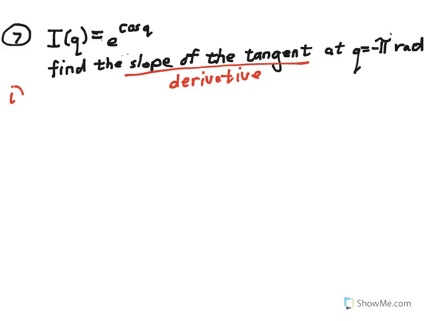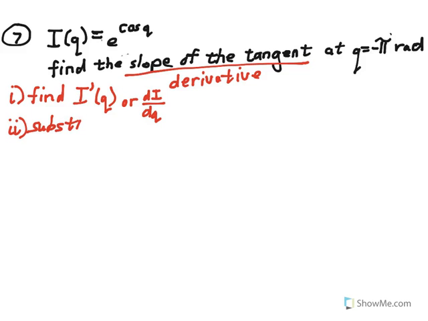Step one of solving this problem is going to be to find the derivative as a function of q, so find I prime of q, otherwise known as di dq, and step two is then going to be to substitute q equals negative pi radians.